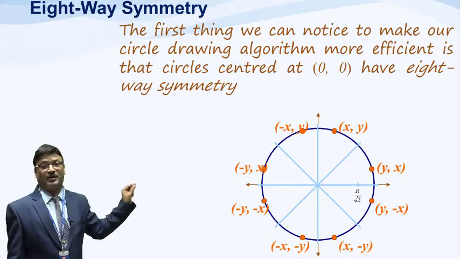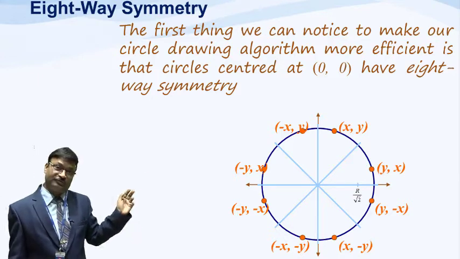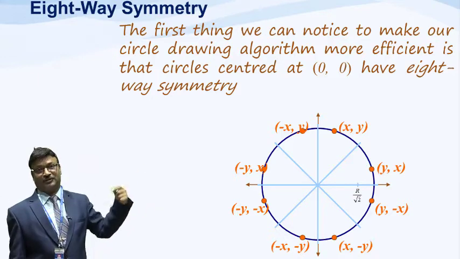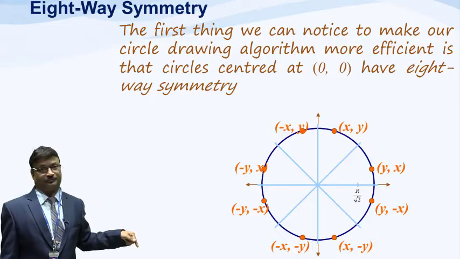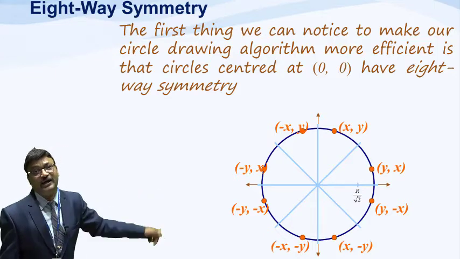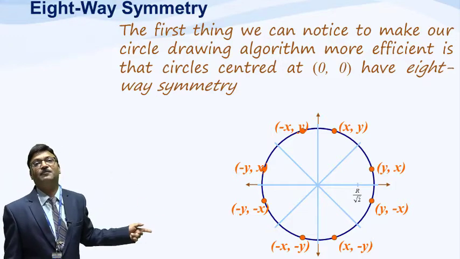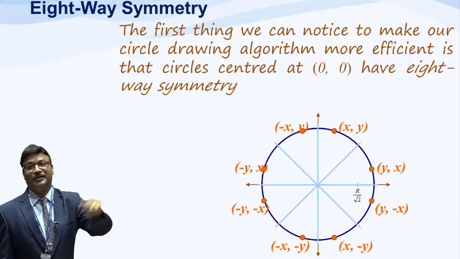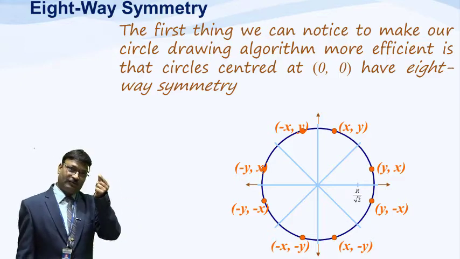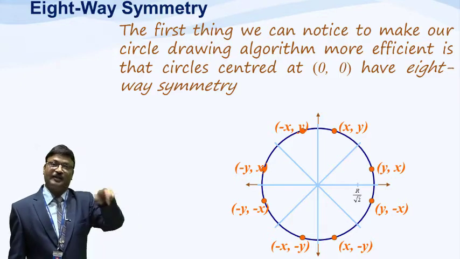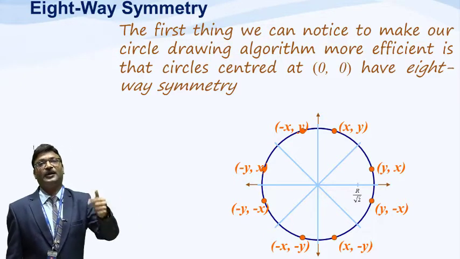Only this one part is going to be drawn using the DDA algorithm, and you can repeat it in 8 ways. So that is called 8-way symmetry. That one part I am repeating 8 times, so it becomes 8-way symmetry.